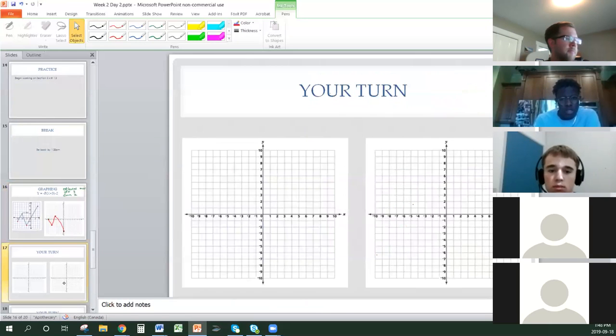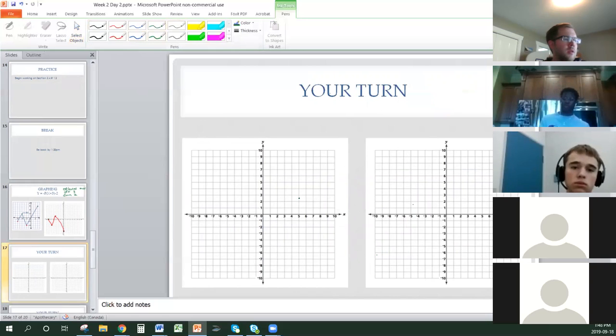Okay. So what I'm going to do right now is we're going to do one more graphing question. Except for this one, the original graph is going to be y equals √x.